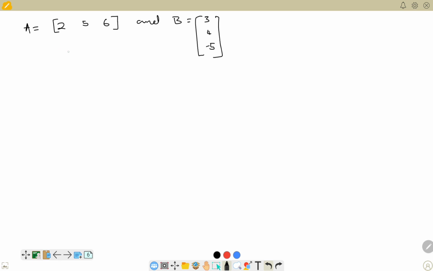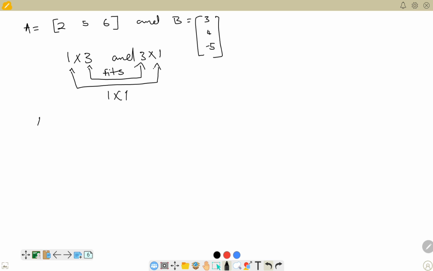What are we having? We have 1 row, so it's 1 by 3. 1 row, 3 columns. And then on B, we have 3 rows and 1 column. So we check here. It fits the rule. So it means that what we are going to have is a 1-by-1 matrix. So that's what it tells us, and it fits the multiplication rule.